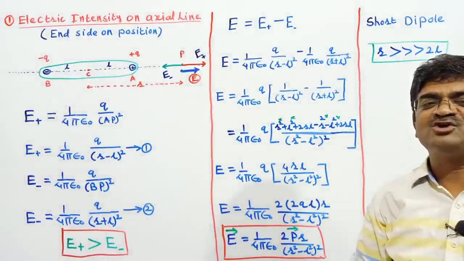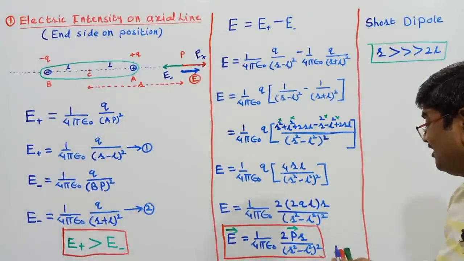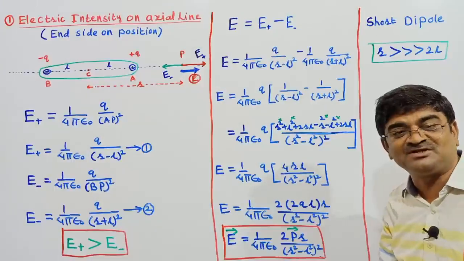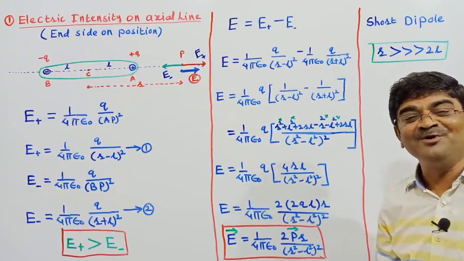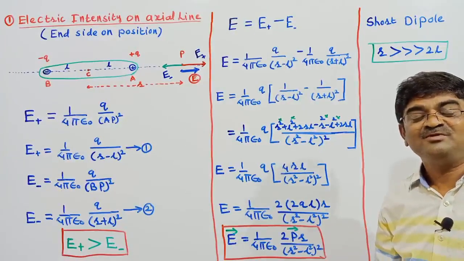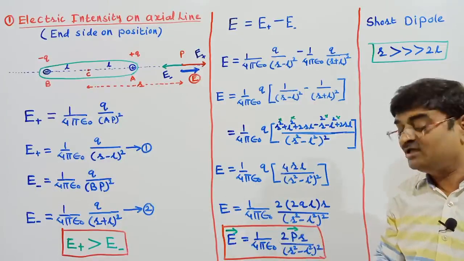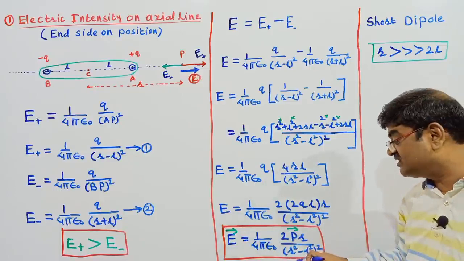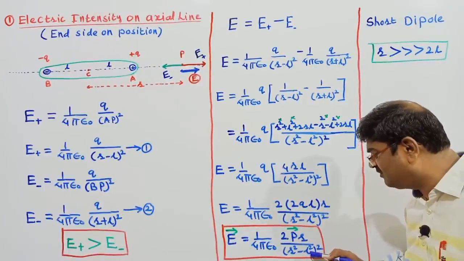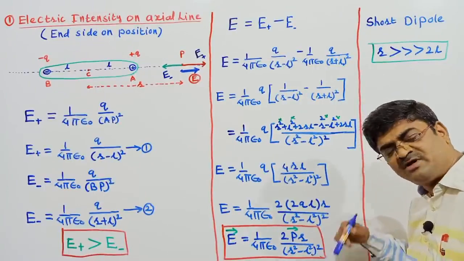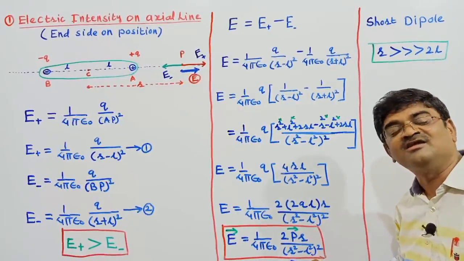And in case of short dipole, if I want to use this expression, I will have to go for certain modifications. Because r is very much greater than l, the length of the dipole, in the denominator I am subtracting a very small value, already small, square of that, very small, from the very bigger quantity.